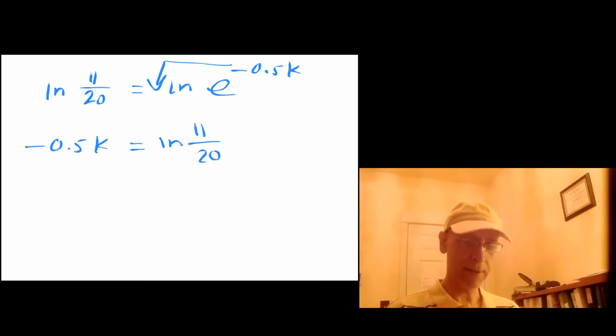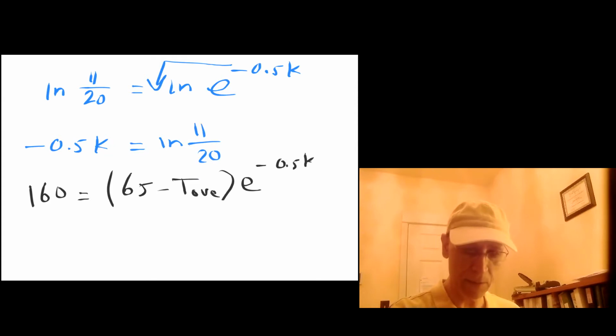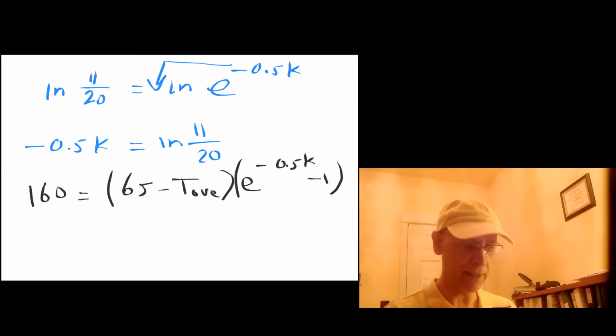Okay, nice. So now we can go back and use the fact that, remember, we had 160 equals 65 minus T of oven, e to the minus 0.5 k minus 1. Now that I have negative 0.5 k equal to this, I can substitute it.